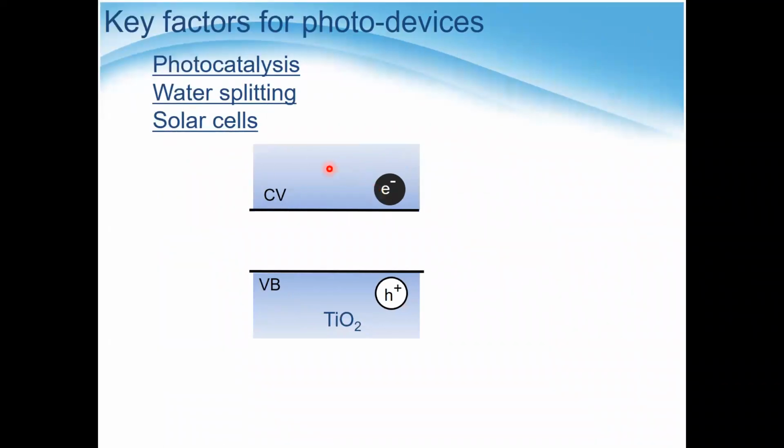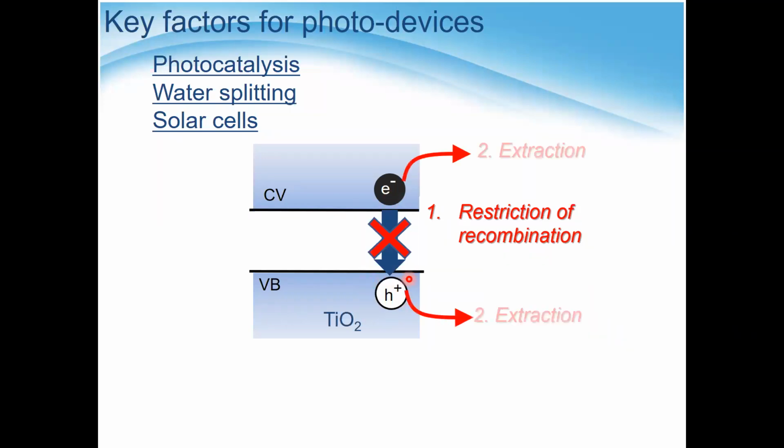So in any cases for the photo devices, the photo excitation happens, and these electrons and holes are generated, and somehow we need to stop them from recombining and disappearing, because we want to use these electrons and holes. And also the other important thing is that we need to extract these electrons and holes.